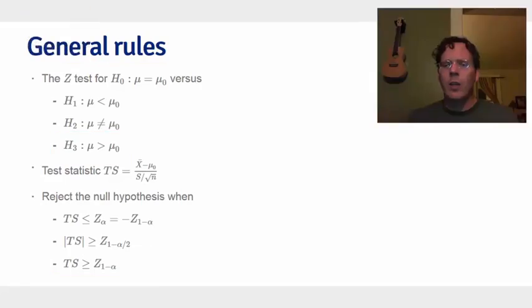Now notice, if we have a small sample size and instead of using the z distribution we're using the t distribution, none of these rules change at all, with the one small exception that instead of getting z quantiles, we're getting t quantiles. So hopefully by presenting these rules, I will have presented to you both the case where the test statistic is normally distributed via the central limit theorem, and instances where you have a small sample size, where instead of looking up the z quantiles, you look up the appropriate t quantiles.